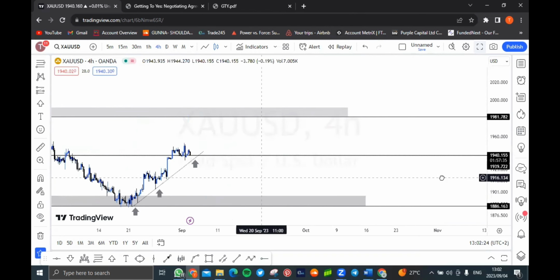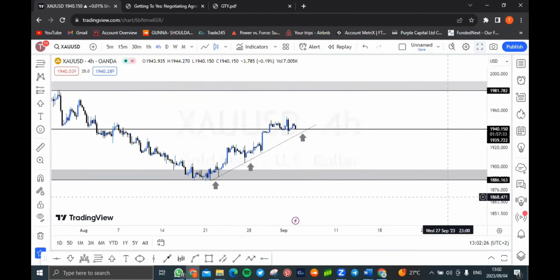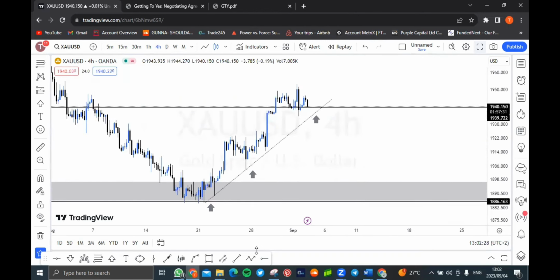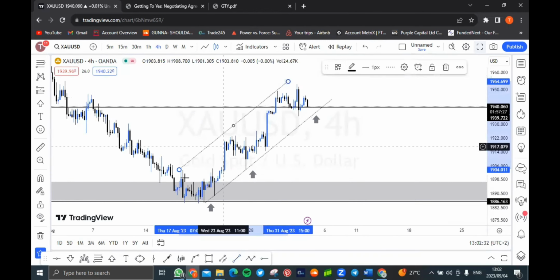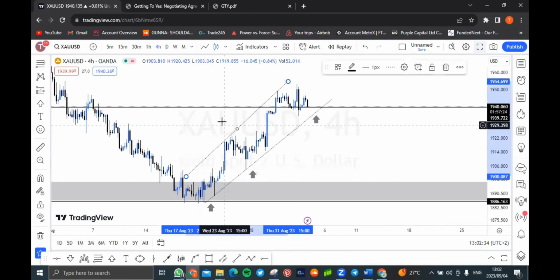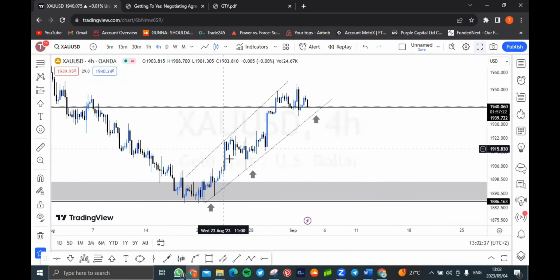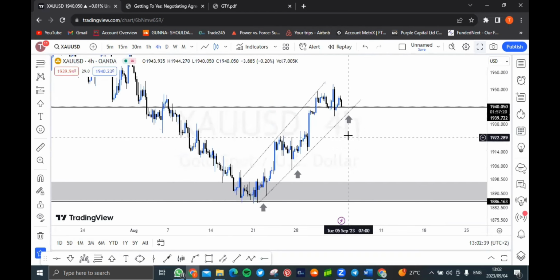But if price decides to break, because you always have to look at all sides of the coin. You know what other traders are seeing. There might be people trading this pattern, so there's a lot of liquidity that's going to be around this area.